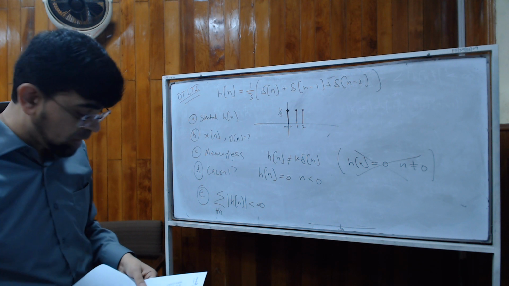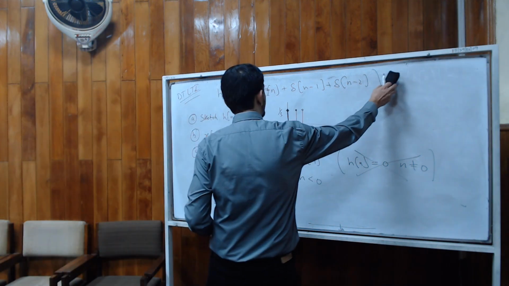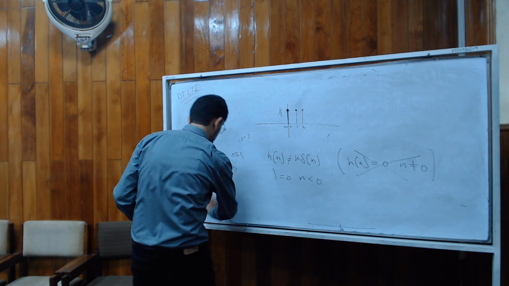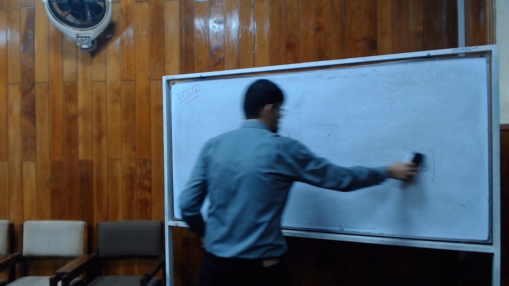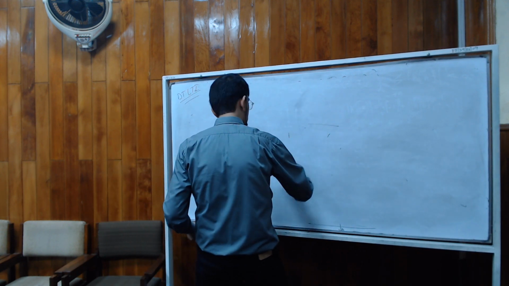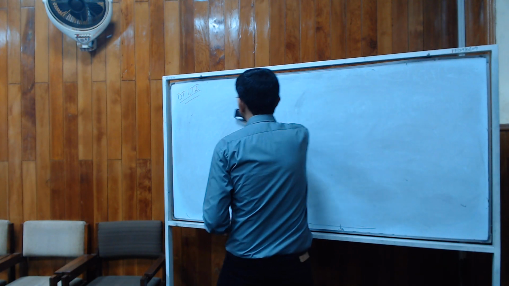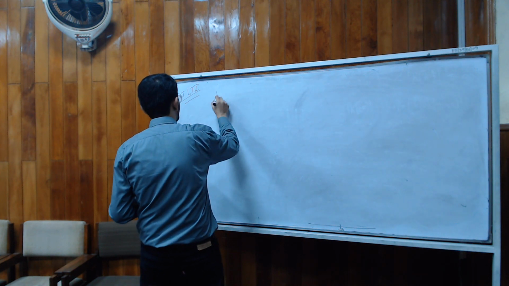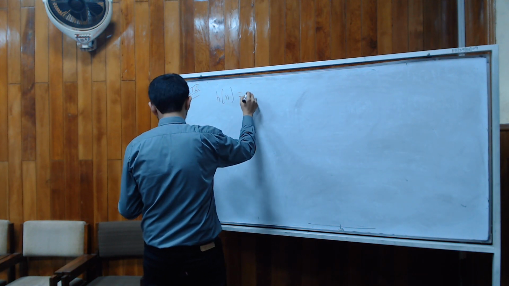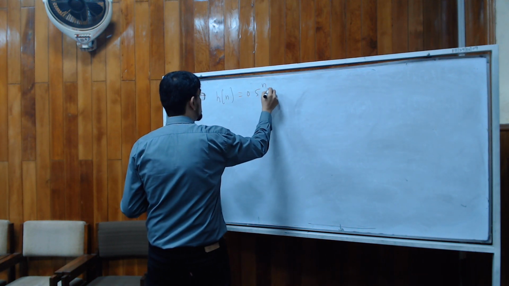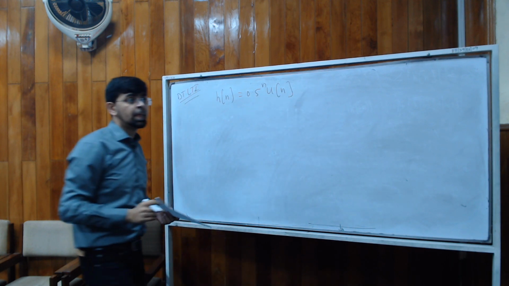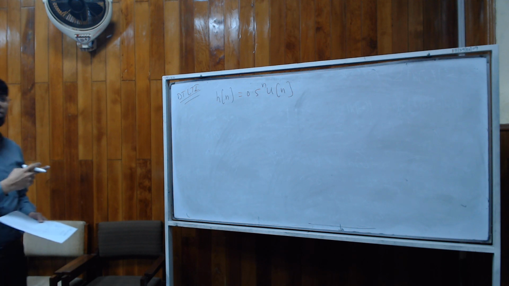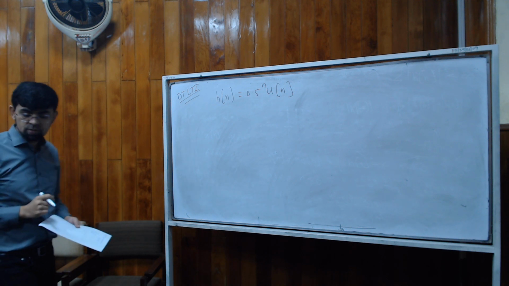Now let's look at one last example before we close this. Let's say we are given a DT-LTI system whose impulse response is 0.5^n u[n], and we are asked, is this system BIBO stable or not?